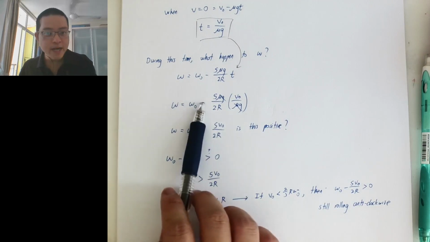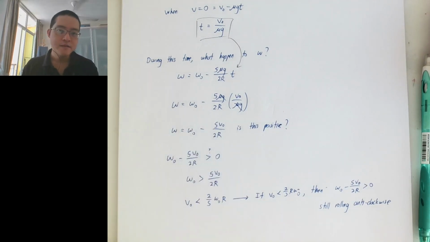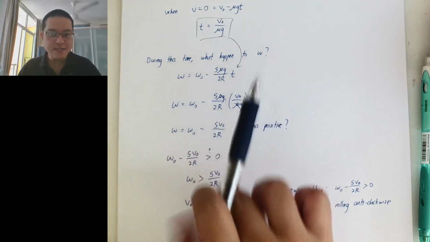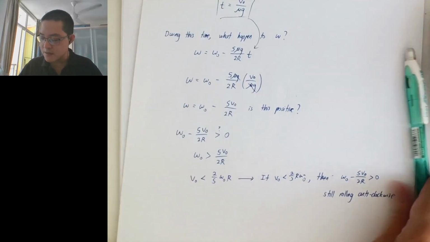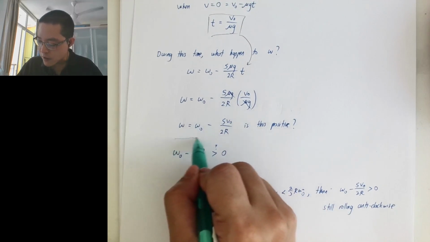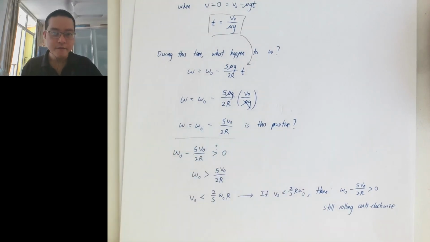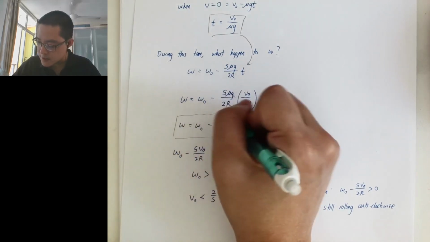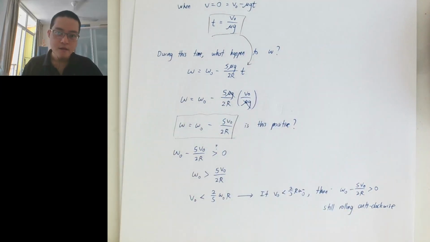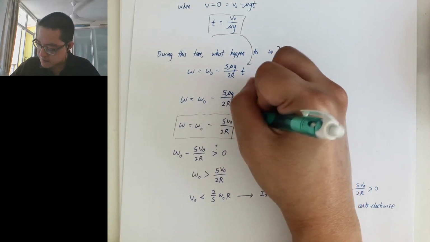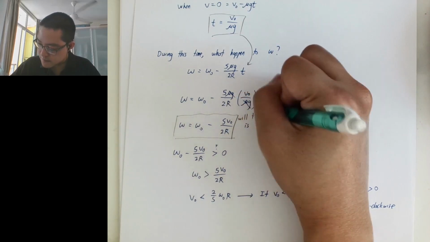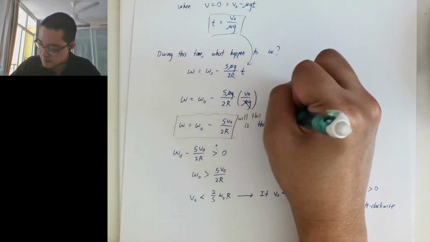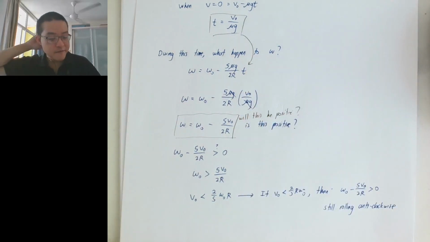I want to show omega is positive. Even if you don't understand these last few steps, just remember, how do we convince someone that this number is positive? When will this be positive? How do you make it positive?